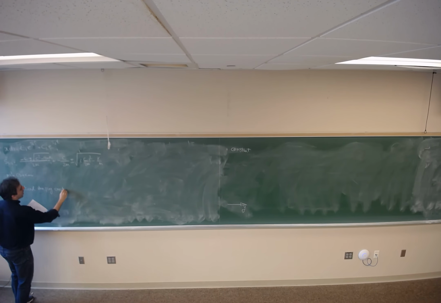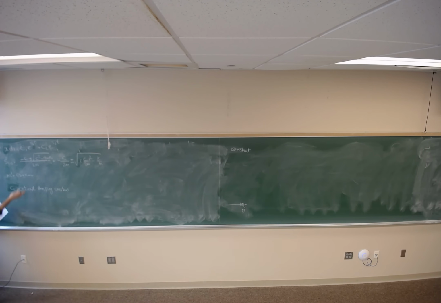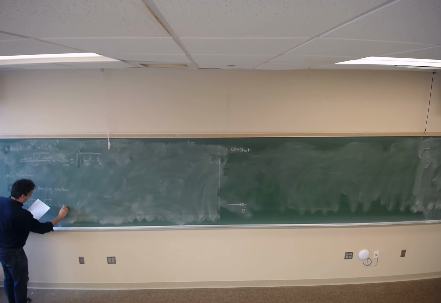It's a damping constant at which inside the square root is going to be 0. So if I set that equal to 0, Cc would be 2m square root of k over m, or 2 square root of km. These are the same, or 2m omega n.